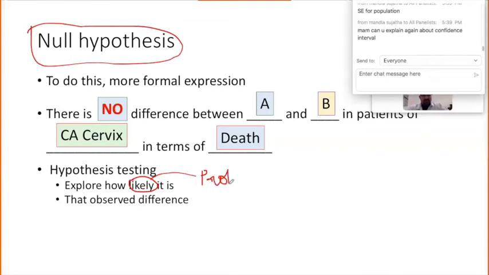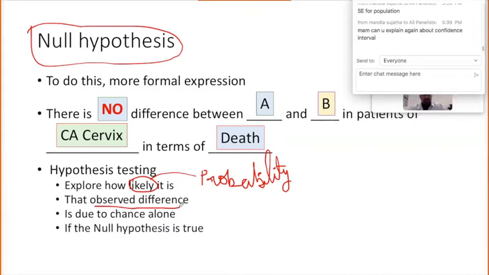When we talk about the word likely, statisticians will replace this with the term probability to confuse you. What is the observed difference? Obviously, when we've done a study, there is some difference. So don't get confused and don't get frightened by these terms. We are trying to explore how likely it is that the difference that we have observed in our study is due to chance alone, assuming that the null hypothesis is true.